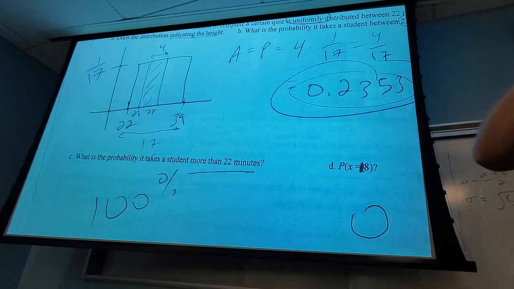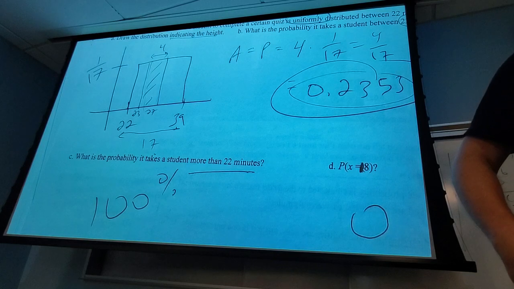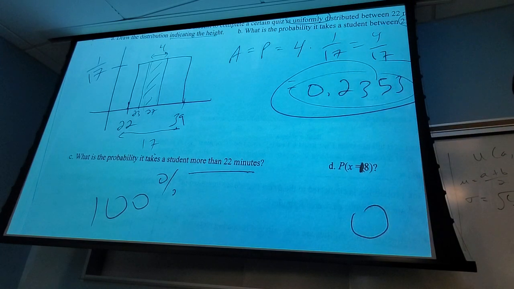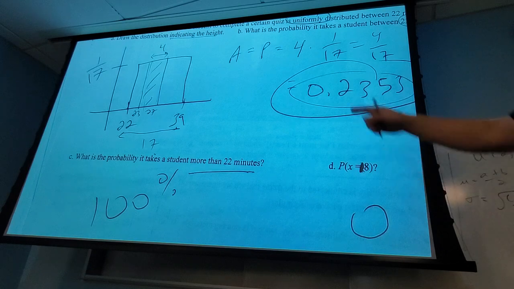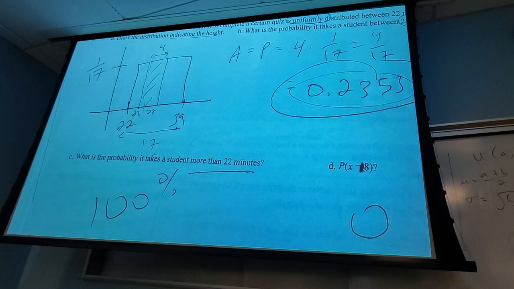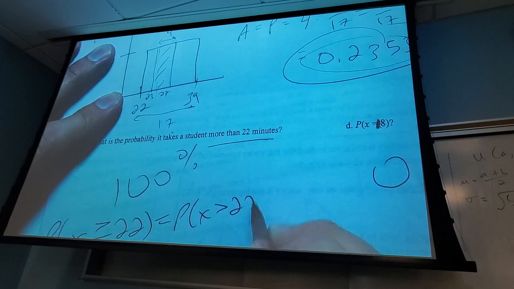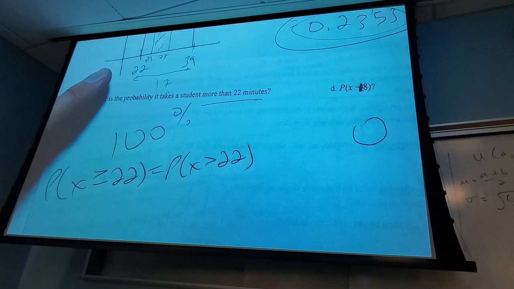Okay, that's what you're hung up on. Guys, real quick. More than 22 definitely leaves out 22, correct? What's the probability x equals 22? 0. So I could have said at least 22 minutes, which would have made the question this, but that's equal to that because any individual item has a 0 probability.